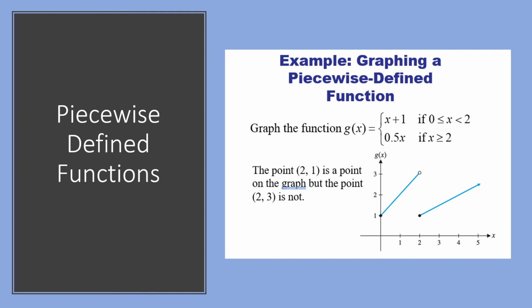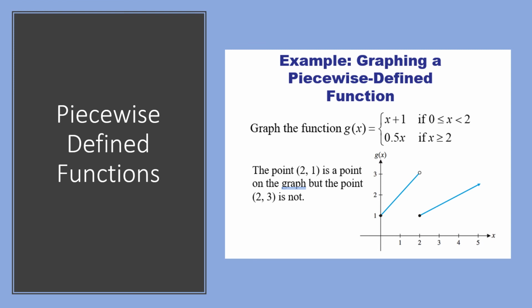At 2 it is not included, so use an open circle to show that it is not included at the point. For the other one, 0.5x, the starting point is included, so it is a closed dot, and there is an arrow because it extends up to infinity.